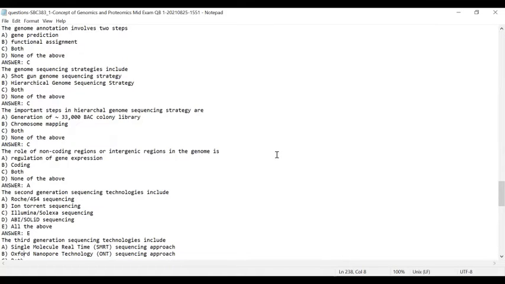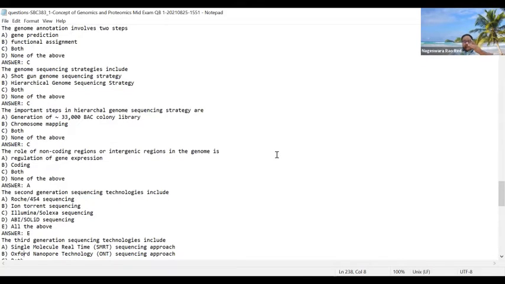Both, sir. In hierarchical genome sequencing, first we generate approximately 33,000 fragments, and then these fragments are mapped to chromosomes. And then we continue with the shotgun genome method. This is the important step in the hierarchical strategy.